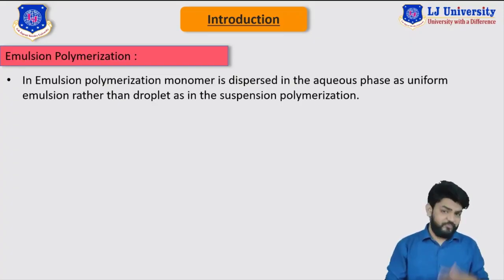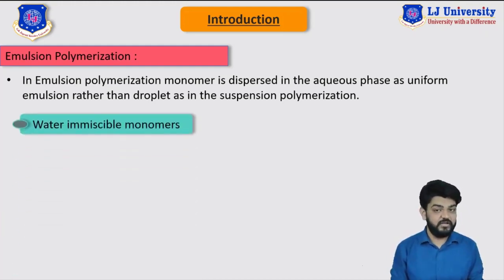But before that, let's quickly discuss the components we are going to need in this emulsion polymerization. We are going to require monomer, of course, which needs to be water insoluble, which is again similar to suspension polymerization, where we also require a monomer that is insoluble in the solvent, or in the water.